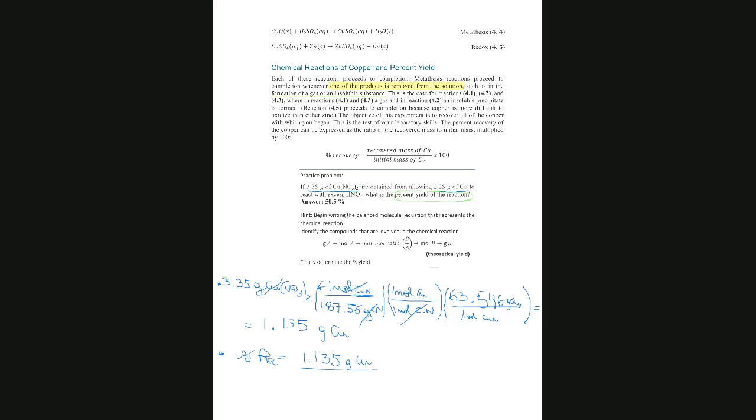If we look at the problem, it says 2.25 grams of copper. 2.25 grams of copper times 100. And I obtain 50.4%. They obtain, what did they say, 50.5, but it doesn't matter. Might be the significant figures, but this is the way of approaching this problem.